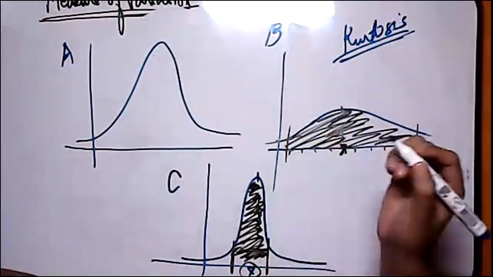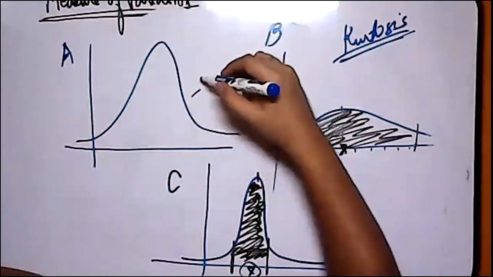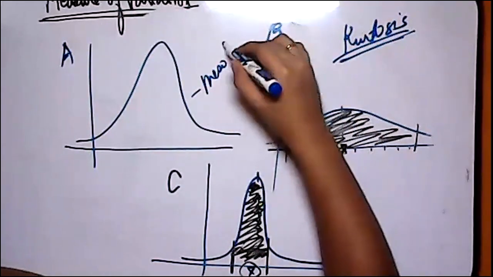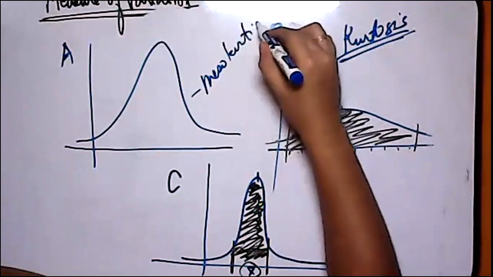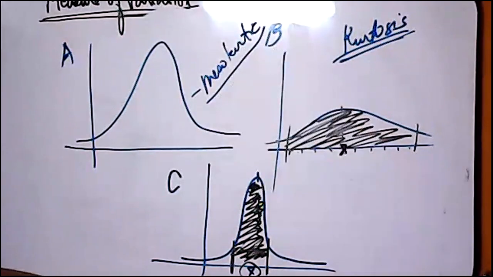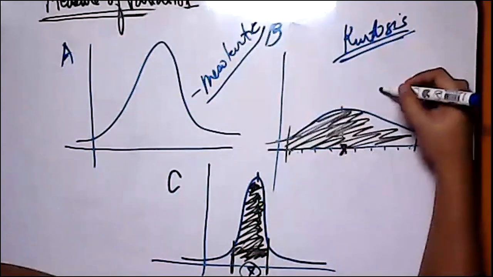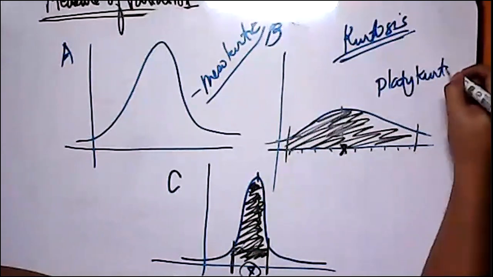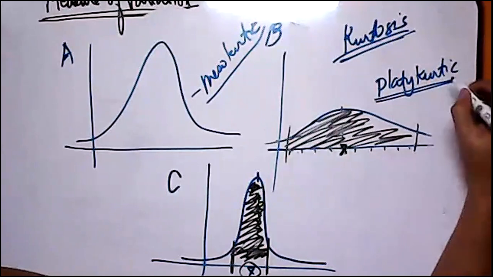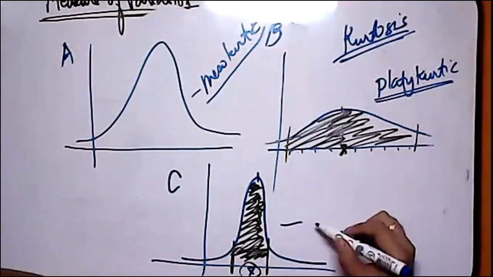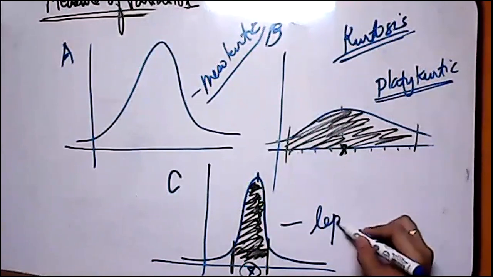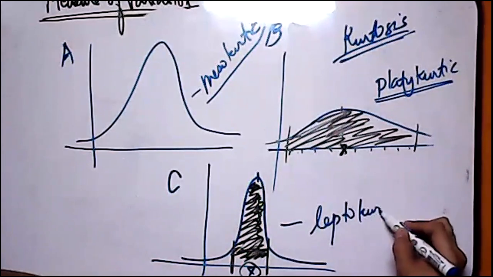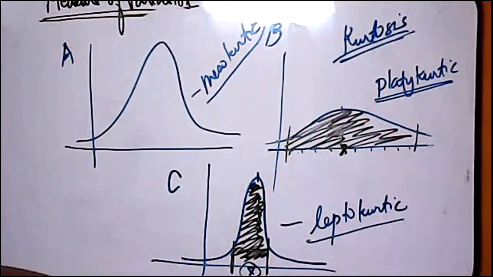Well, anyway, this is what we call a mesokurtic curve. This one we call platykurtic. And this one is called leptokurtic.